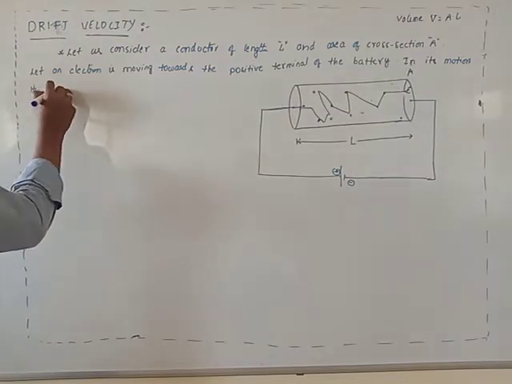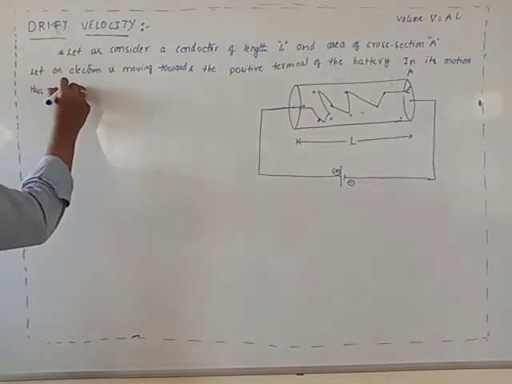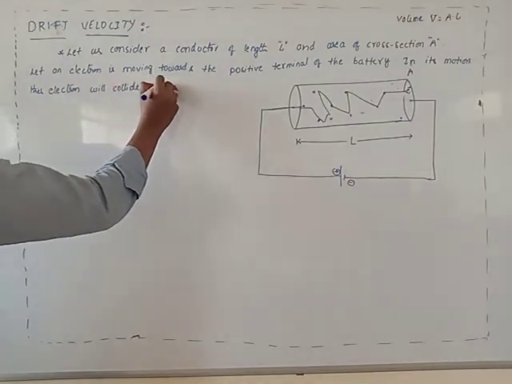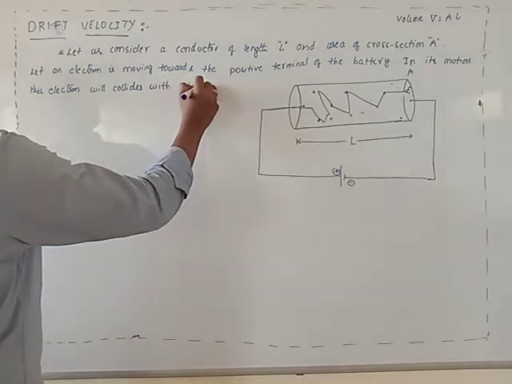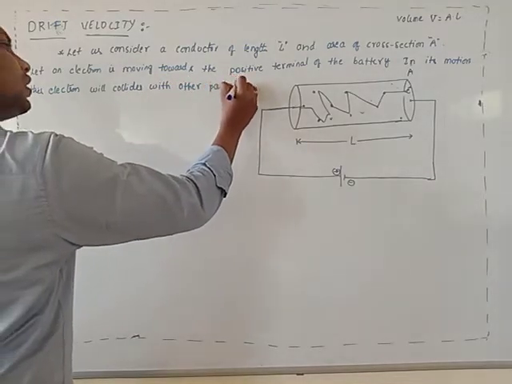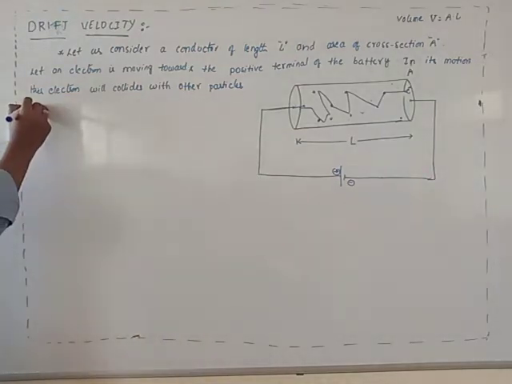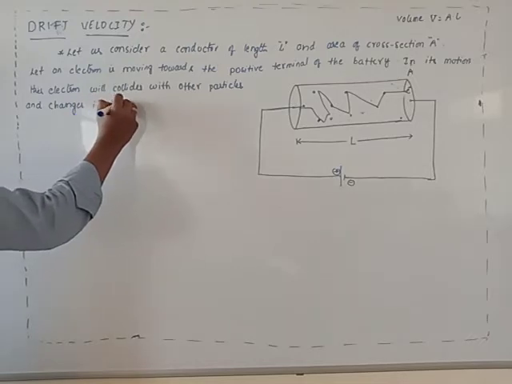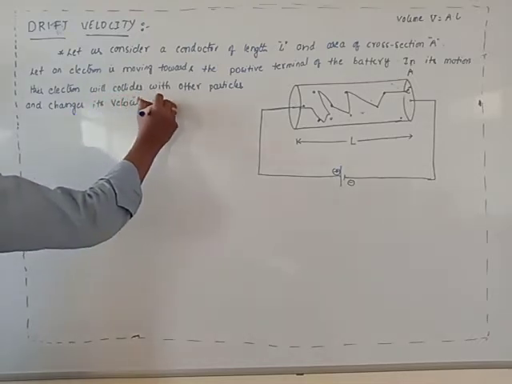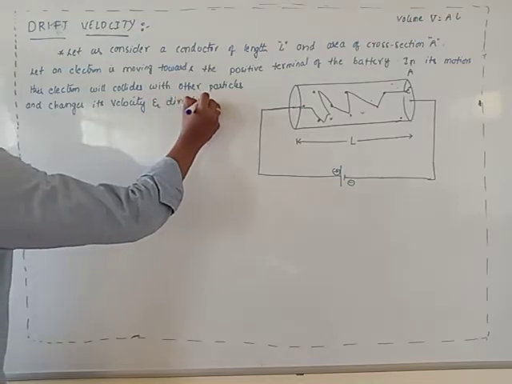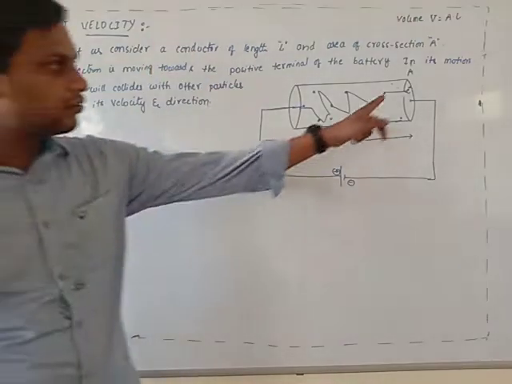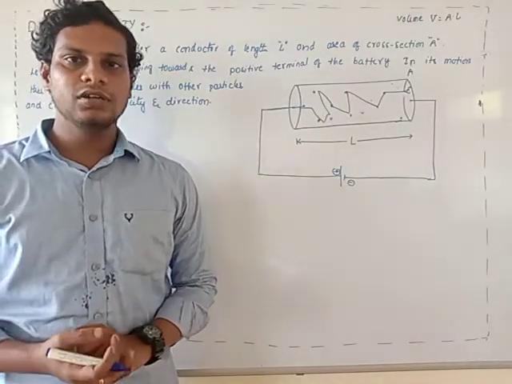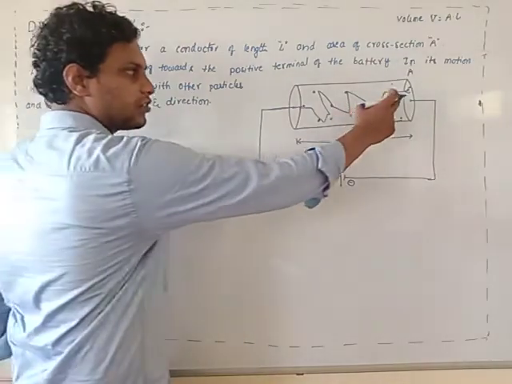This electron will collide with other particles and change its velocity and direction. It changes its velocity at each and every point, and not only the velocity, it will change its direction because of the elastic collisions between the two electrons.